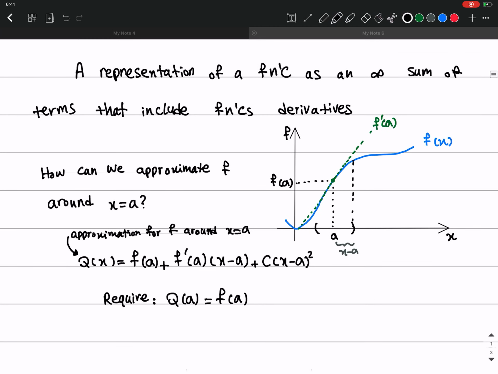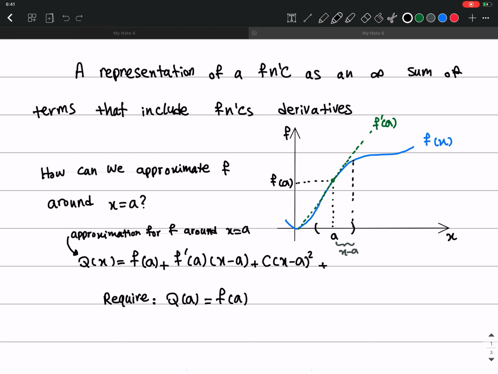And if you look at here, that's why I use this term, because if I were to use something like c x squared, then this term would become 0, but then I would have another term here, right, which is c a squared. So then this requirement was not valid. So that's why I use c times (x minus a) squared. And then you can have also other terms like d (x minus a) cubed.